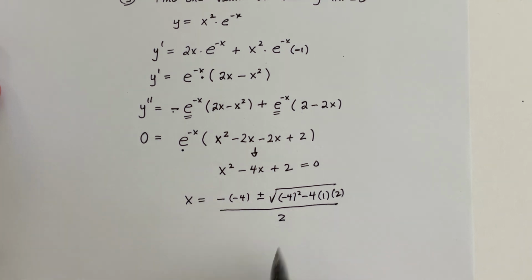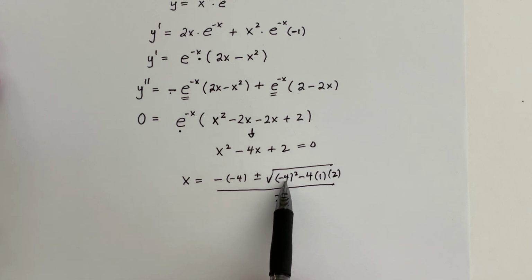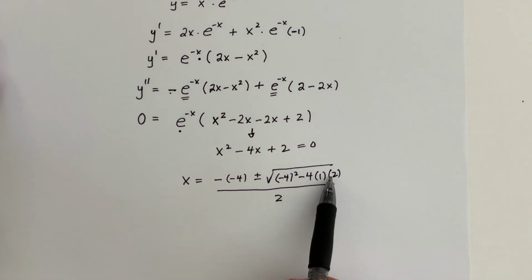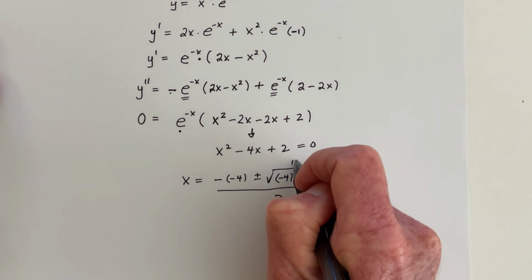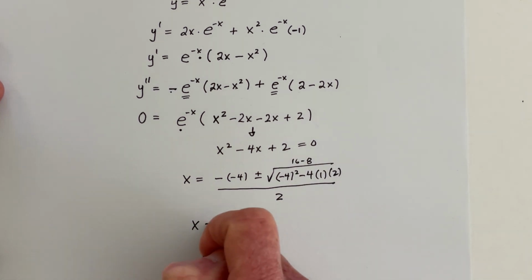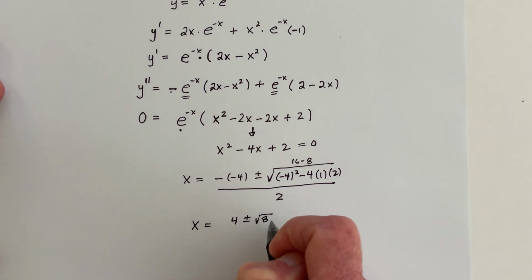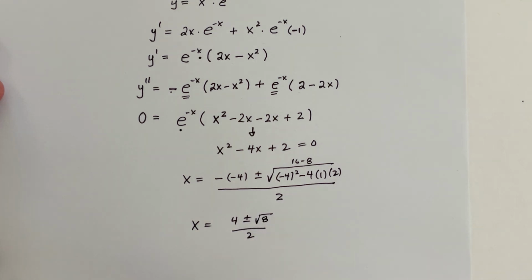And since the a is a 1, that's just a 2 right there. And how much is inside the square root? So this is going to be 16, and then this is going to say minus 8. And 16 minus 8 is 8. So you get x equals 4 plus or minus the square root of 8 divided by 2.